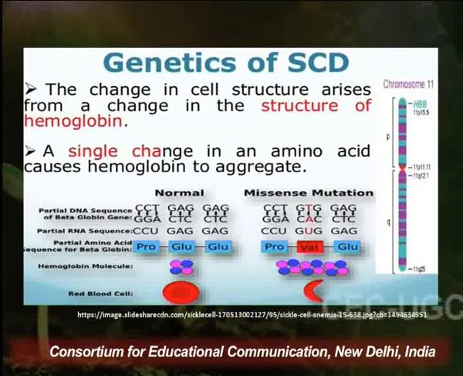Now, a change occurred in the A part of GAG, converting it into GTG. So it was a conversion from A to T, that is from a purine to a pyrimidine, which changed the entire sense. So this missense mutation is what we call transversion.